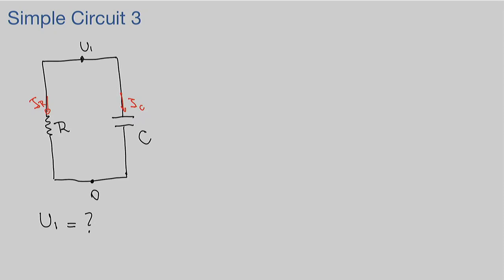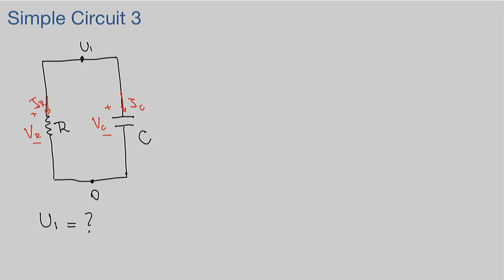Then you go and say, okay, there will be a voltage across this element. I will use passive sign convention and say there will be a voltage across this element that I'm going to call VC. And I will define a voltage across this other element, the resistor, that I'm going to call VR.